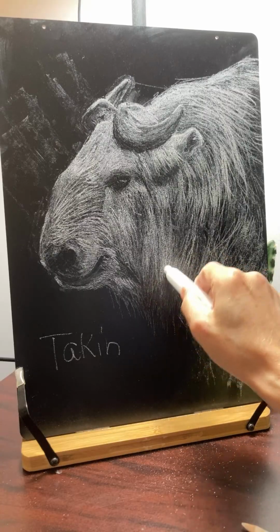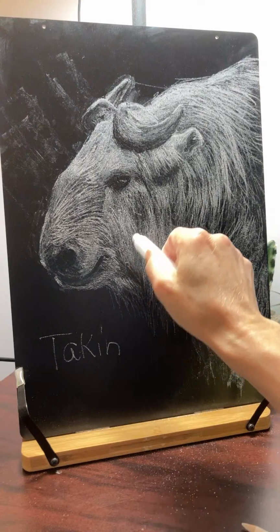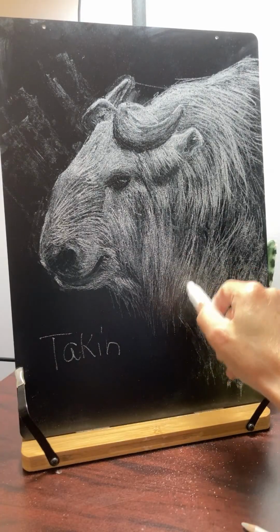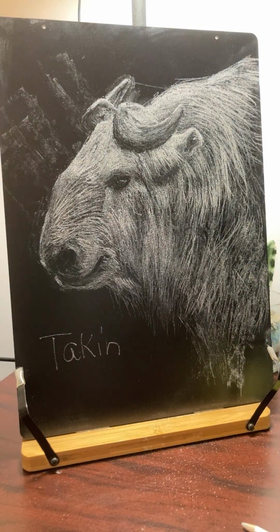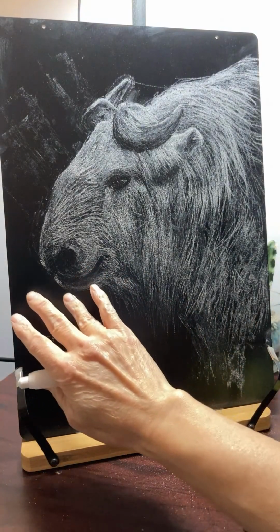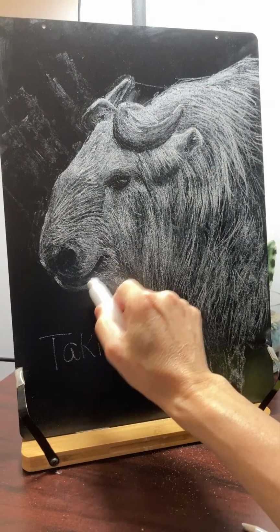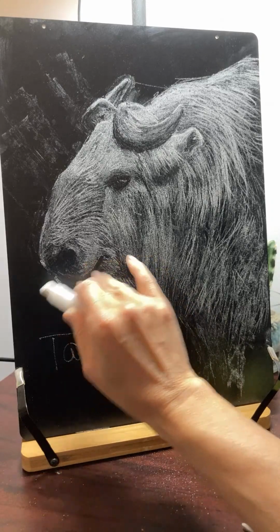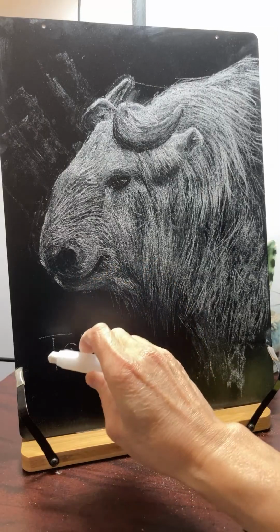But here you can see some of them because they are light. This is all shadow.